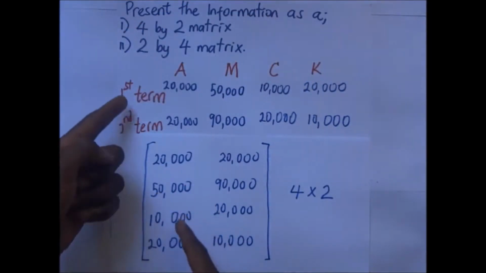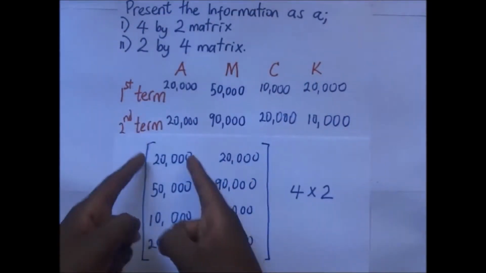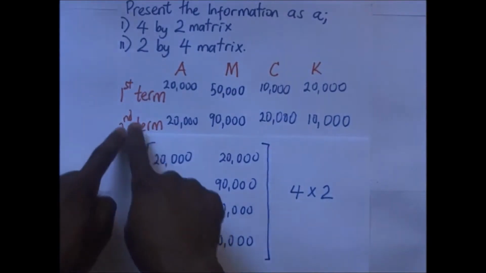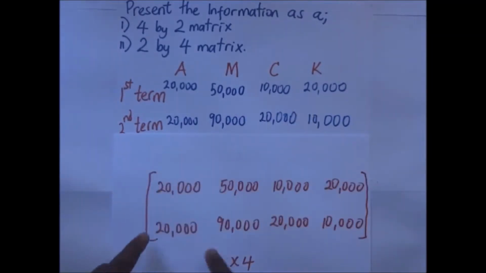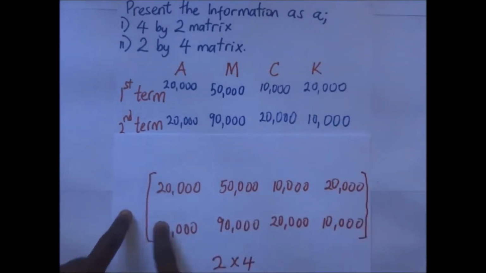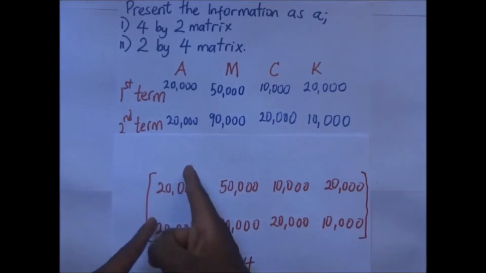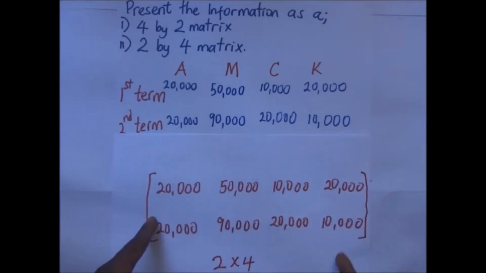The first term monies are here, then the second term monies are here. That's a 4 by 2 matrix. A 2 by 4 matrix will be the reverse: 2 rows and then 4 columns, 1, 2, 3, 4.